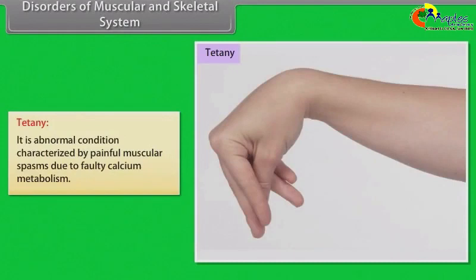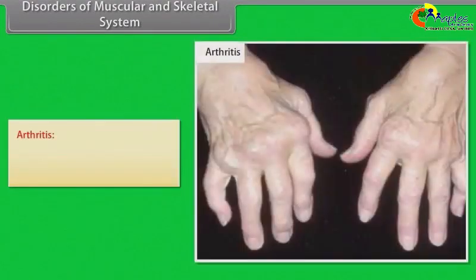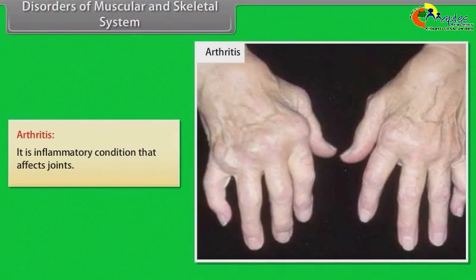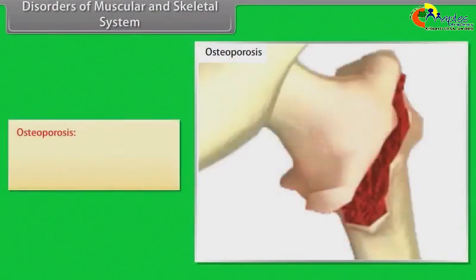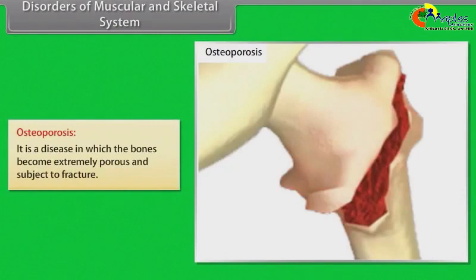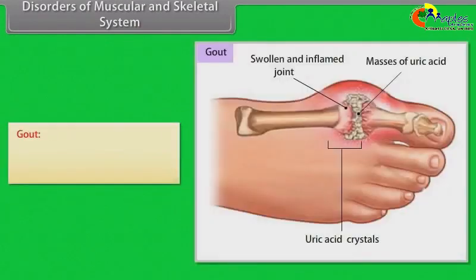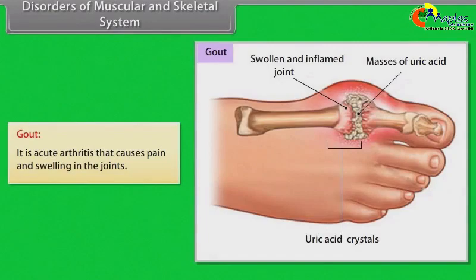It is an abnormal condition characterized by painful muscular spasms due to faulty calcium metabolism. Arthritis. It is an inflammatory condition that affects joints. Osteoporosis. It is a disease in which the bones become extremely porous and subject to fracture. Gout. It is acute arthritis that causes pain and swelling in the joints.